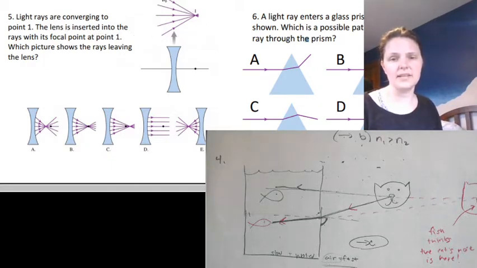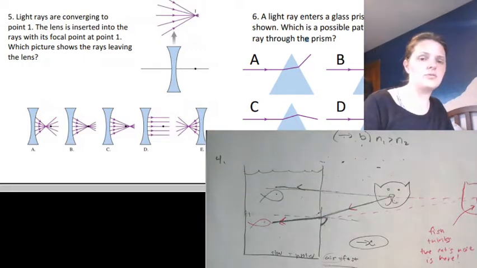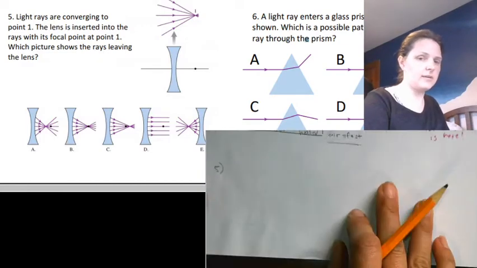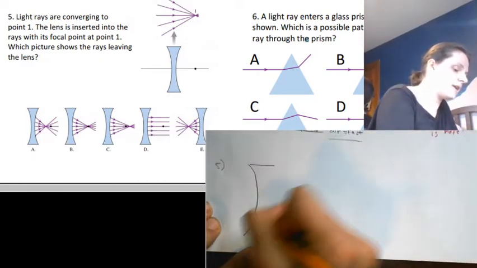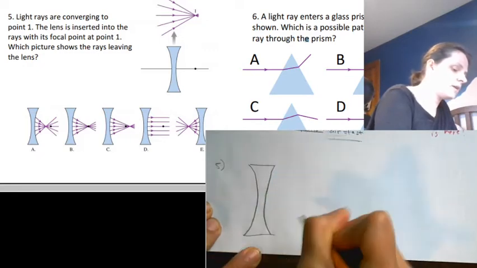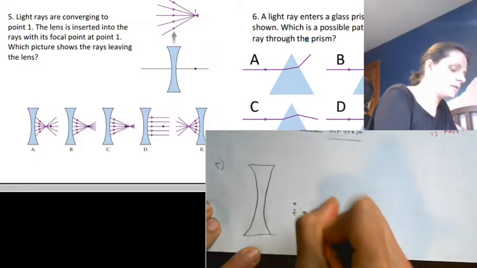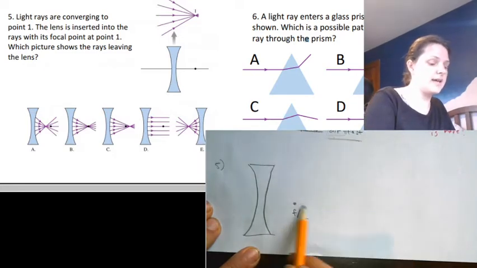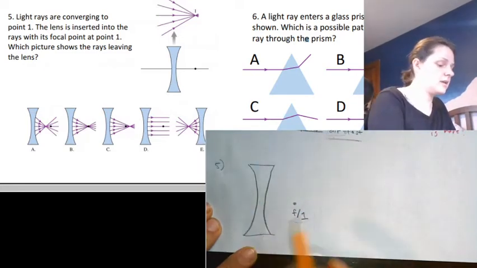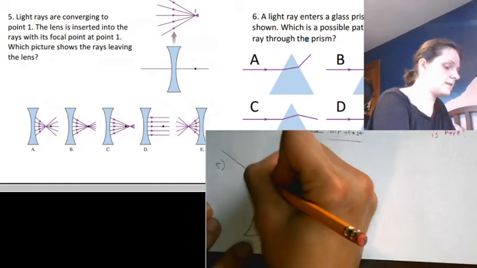And it says that the lens is inserted into the rays with its focal point at point 1. Okay, so basically these are rays that are coming in and they are on their way to point 1. So let's draw what this looks like from a ray diagram perspective. I have now some rays that are entering on their way to point 1, which the problem said is the focal point of this lens. So I have a bunch of incoming light rays.